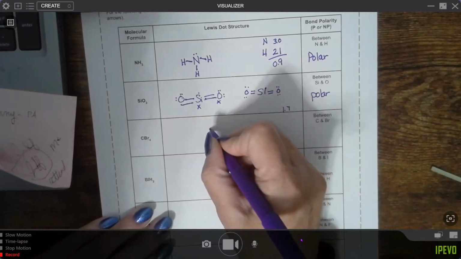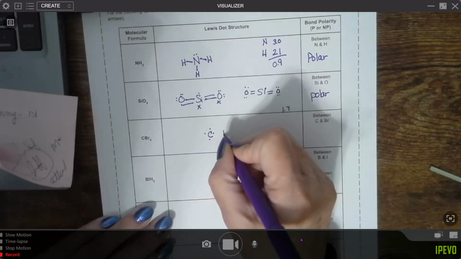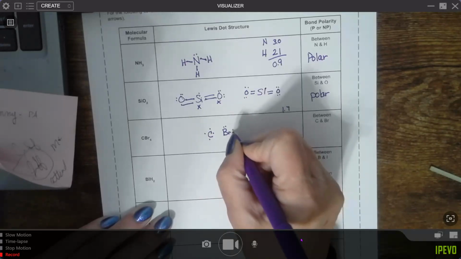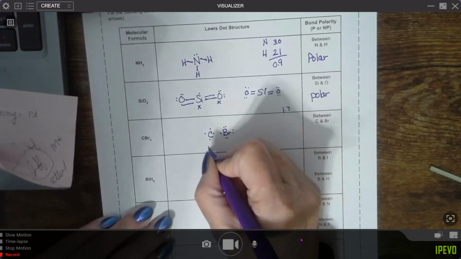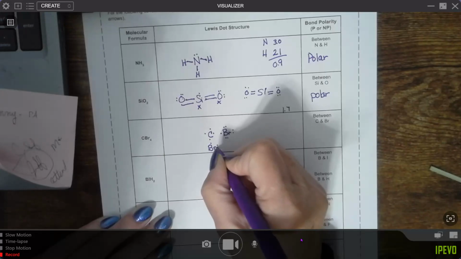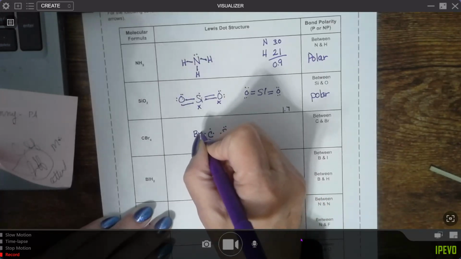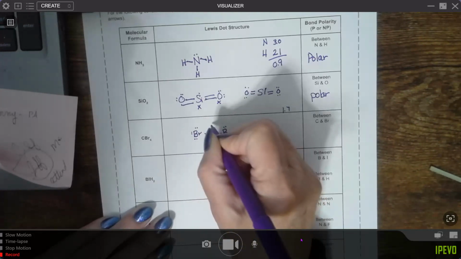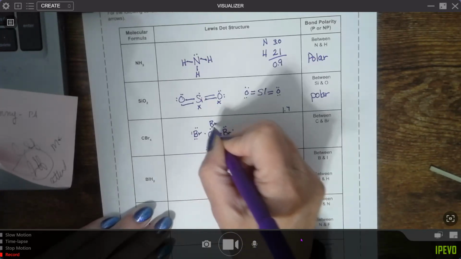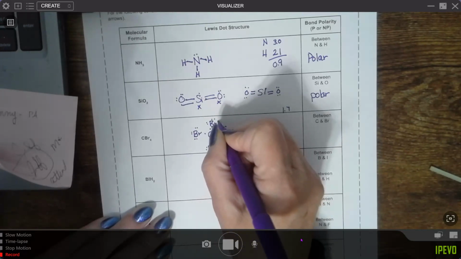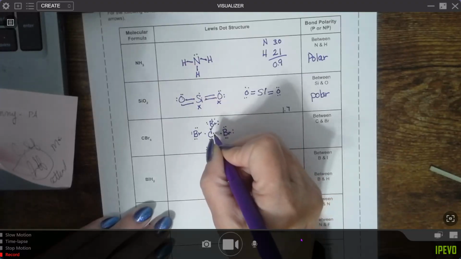CBr4, carbon, 4 valence electrons. Bromine, 7 valence electrons. Alright, and then I'm going to connect the dots.